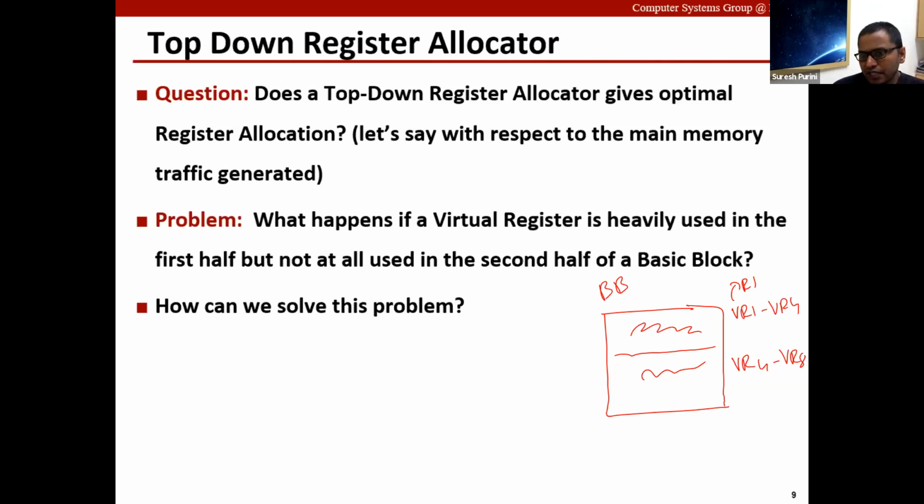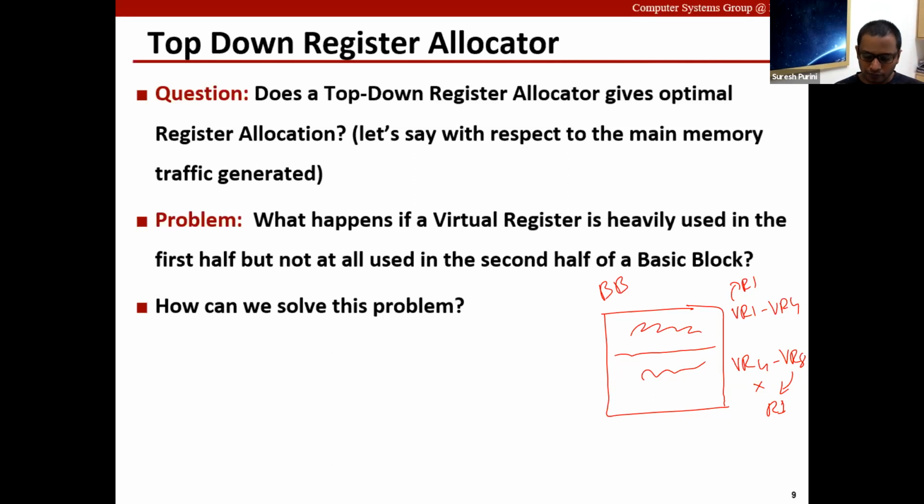So we are not able to reuse it, for example, for virtual register VR8. R1 is tied to virtual register VR1, and in the second half, when VR1 is not heavily used but VR8 is heavily used, we are not able to reallocate the physical register R1 to the virtual register VR8. So this is a problem.